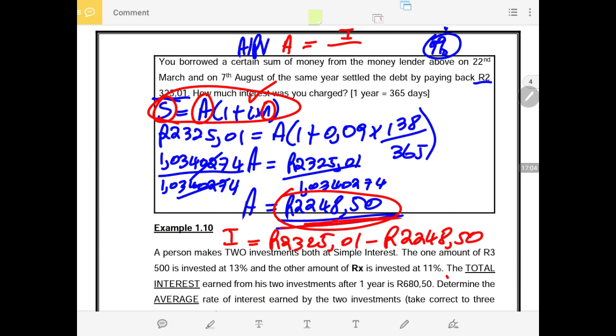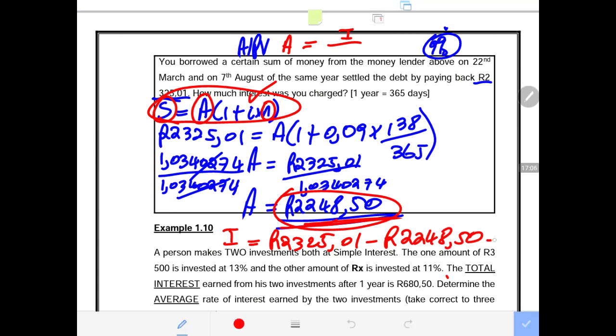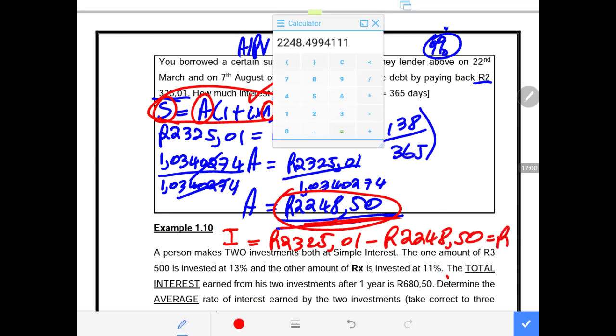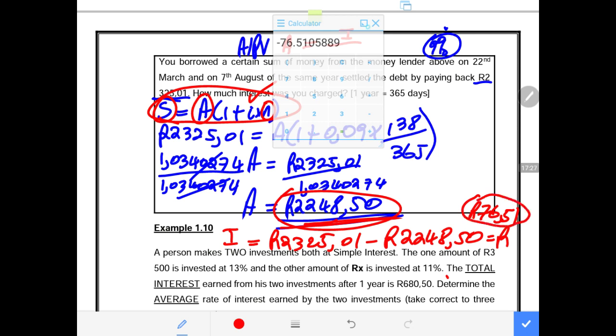So this is the difference between the two, which will give us the interest that was incurred on this investment. So this will give us 76.51. 76 rand 51 cents is the interest that was earned on the investment.